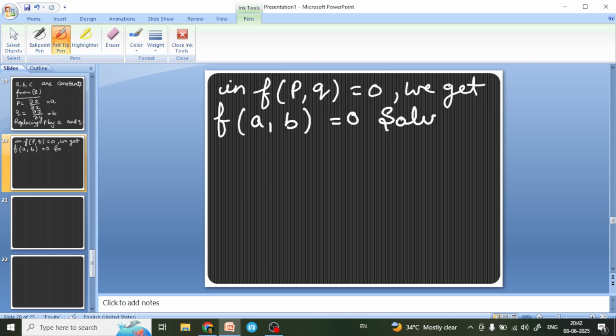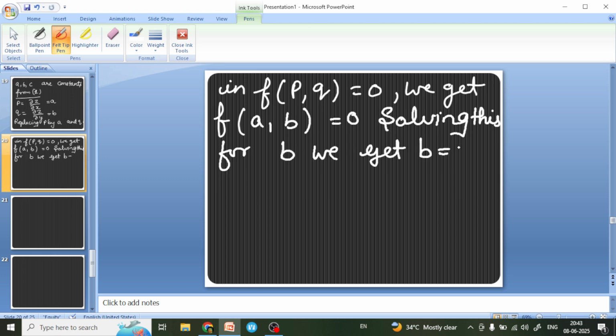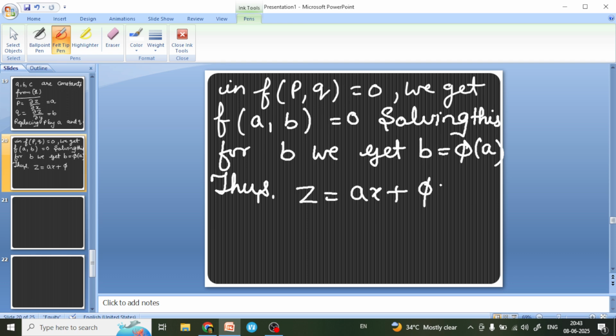Solving this for b, we get b is equal to phi of a. Thus z is equal to ax plus phi of a times y plus c.